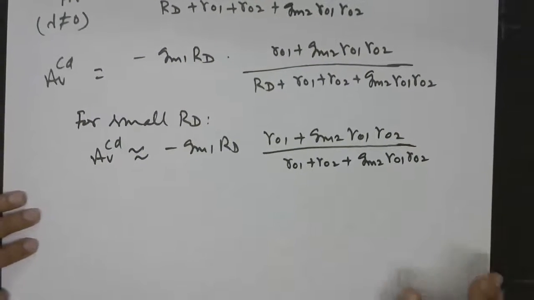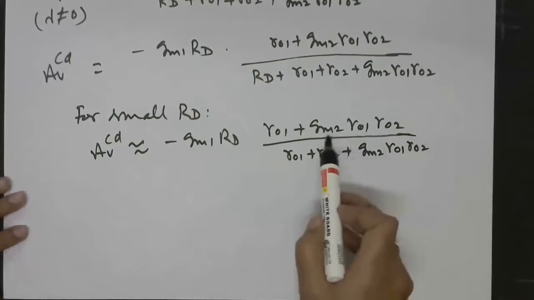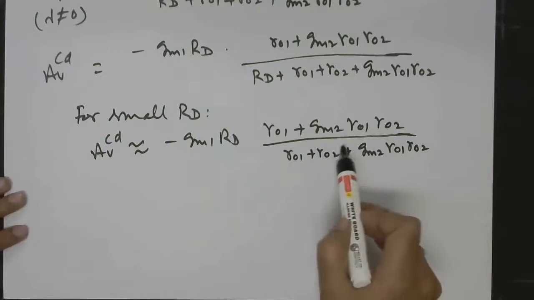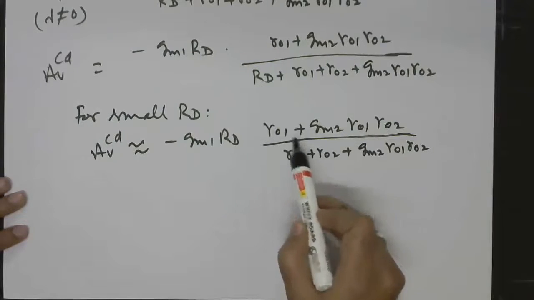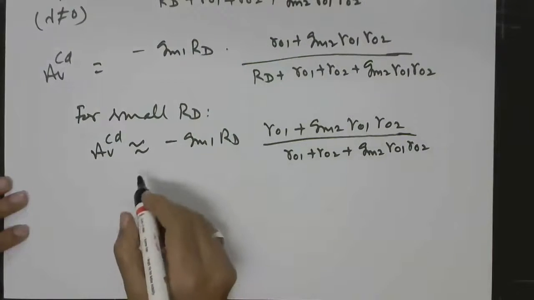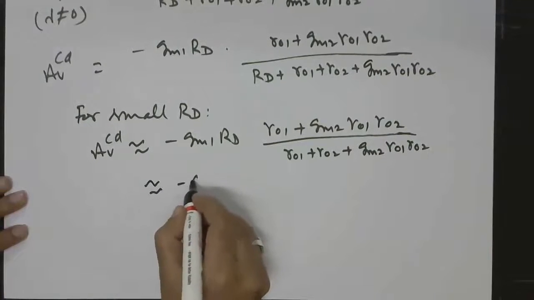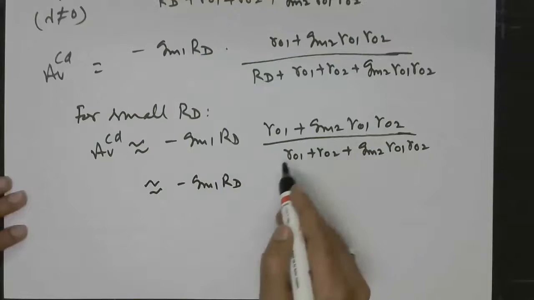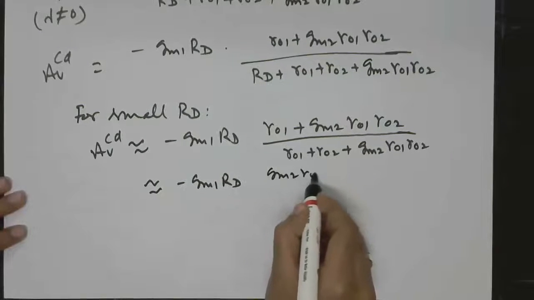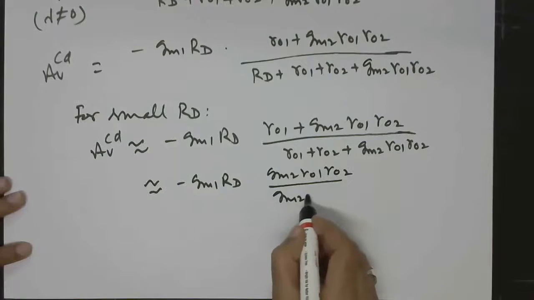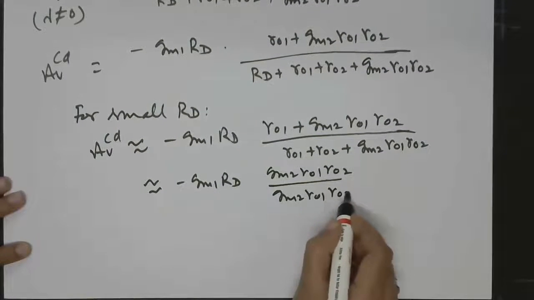And here we already know that this product term containing three terms will always be significantly larger than each of the ro1 or ro2. So this can be further approximated as minus gm1 RD, and we will have gm2 ro1 ro2 divided by gm2 ro1 ro2.